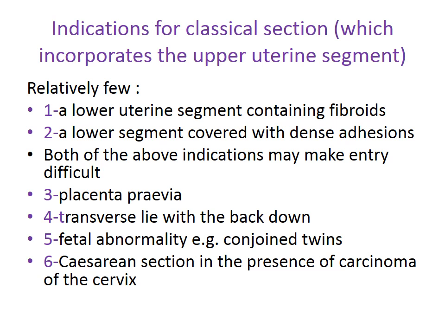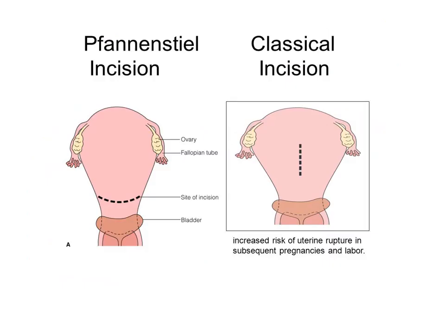As well, another fetal indication is conjoined twins, and a sixth possible indication is when Caesarean section is performed in the presence of carcinoma of the cervix.